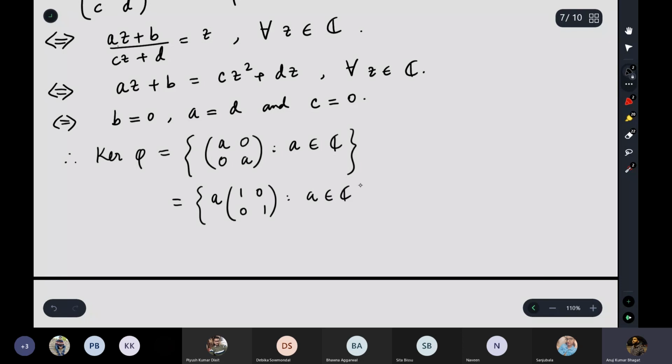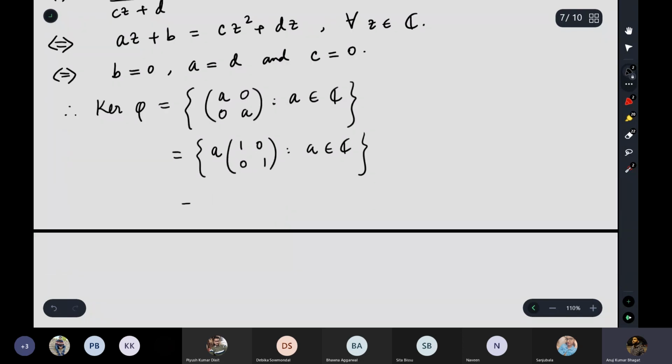So the kernel will be generated by the identity matrix.